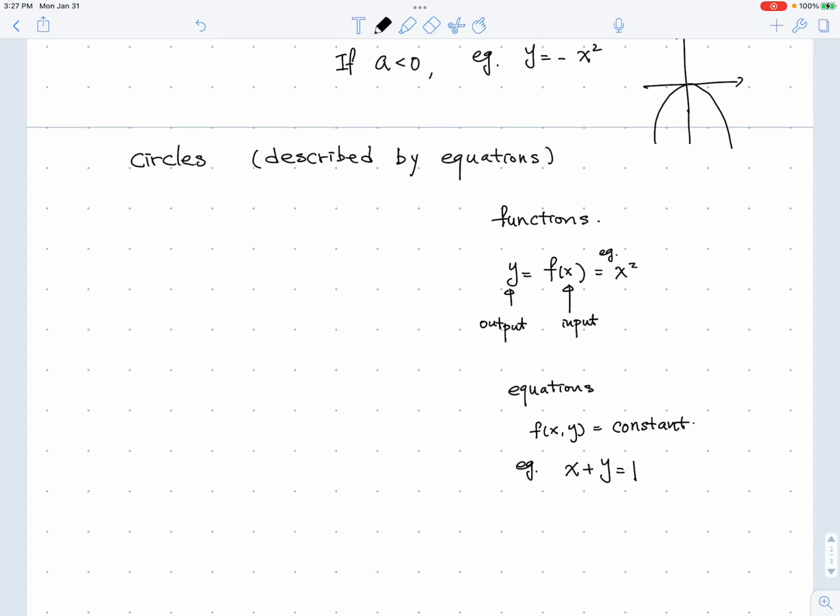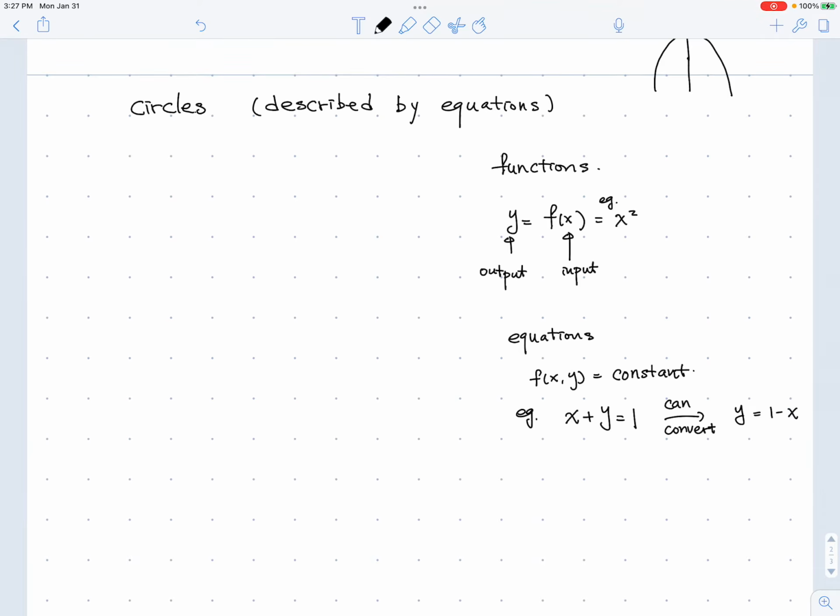Now, for this case, I can easily convert it into a function, so then I have y on one side and all the x on the other side. But not all equations can be converted into a function.